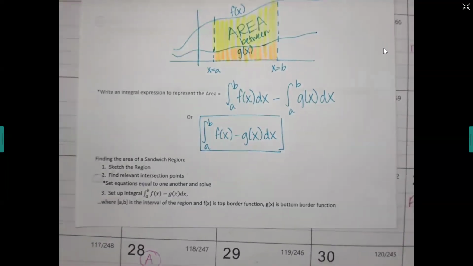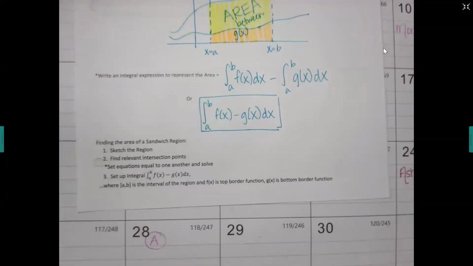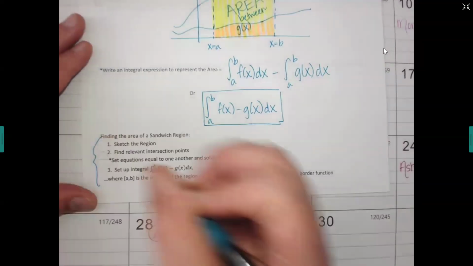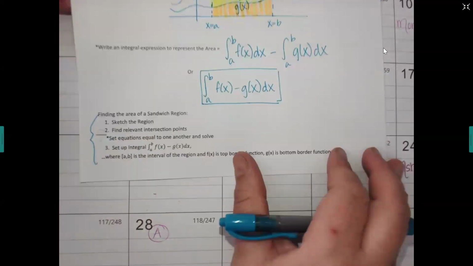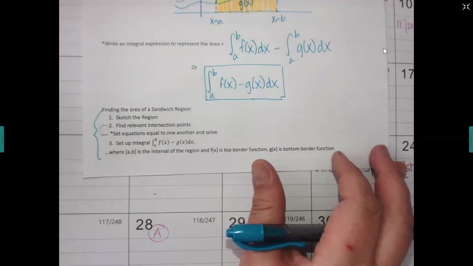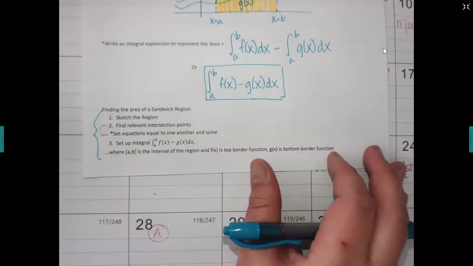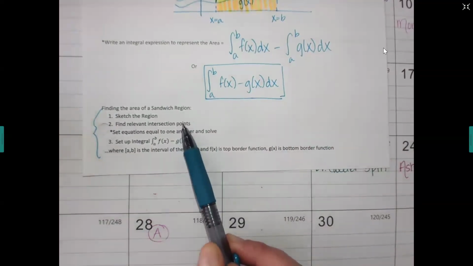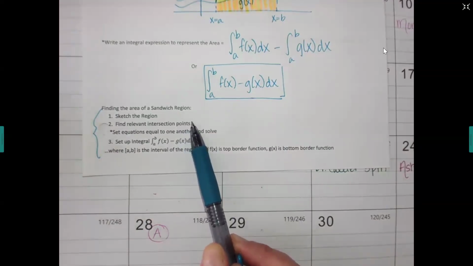Okay, so here we go. Take a look at your steps at the bottom, then we're going to do an example. First thing you're going to do is sketch the region. They're not going to give you any crazy equations that you shouldn't know the general shape for unless you have a calculator. Second thing you're going to do is find intersection points. You don't always have to do this, but sometimes you will. We'll go over when you need to.